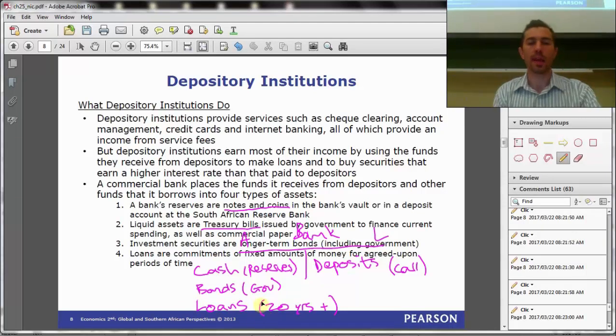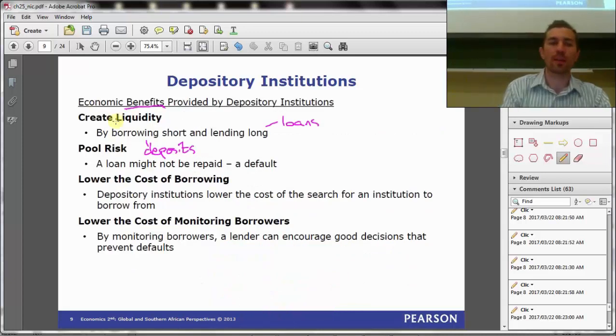In other words, any risk involved in a single loan is not a kind of risk that you bear, you only bear a very small portion of that risk. So what banks do essentially is they pool risk. Okay? And by pooling risk, it means you have lower exposure to any kind of default risk.